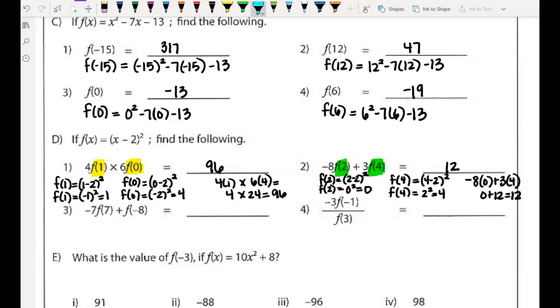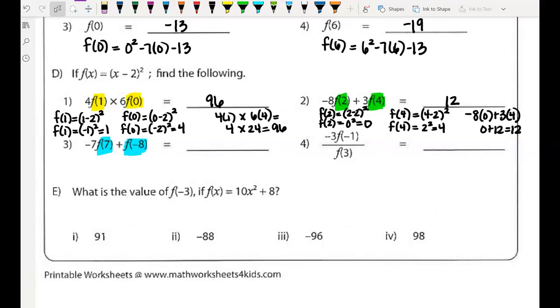The third one here, we have to find f of 7 and f of -8 to be able to combine those. So f of 7 is 7 minus 2 quantity squared.